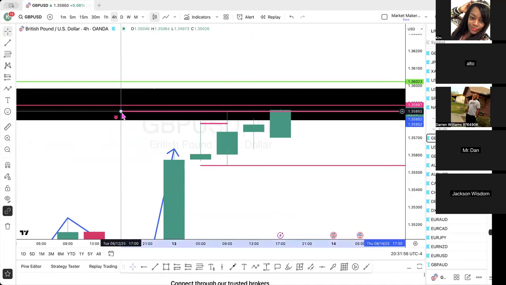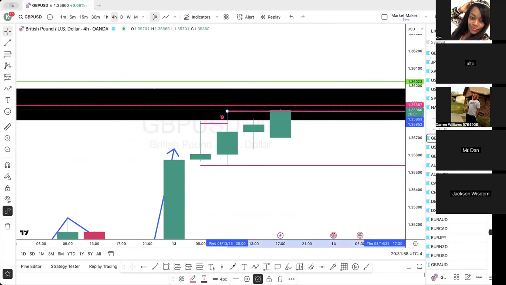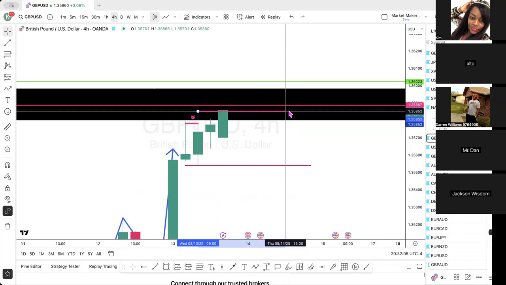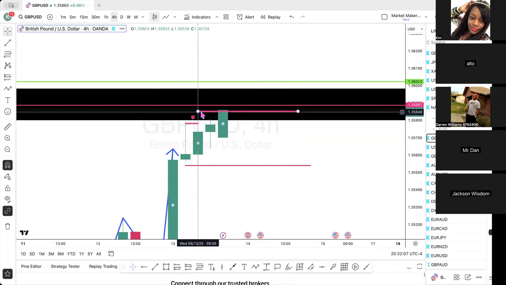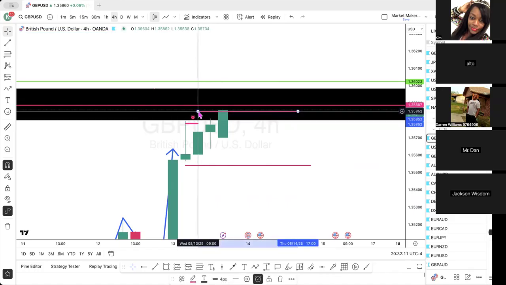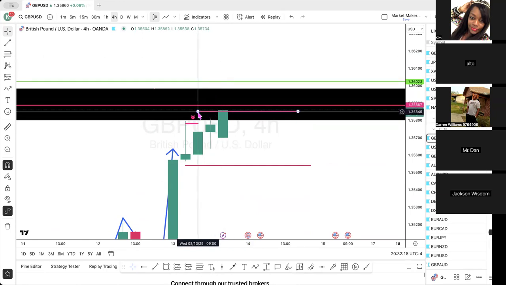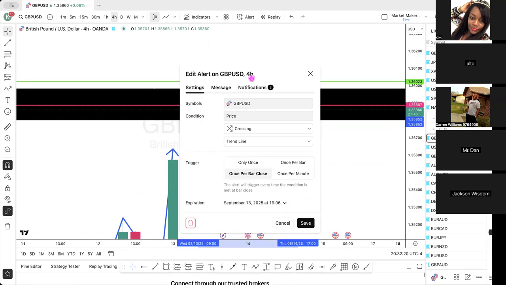I have an alert on this swing high right here. This is a 4 hour alert. Whenever the candle closes, I'm going to get the alert.